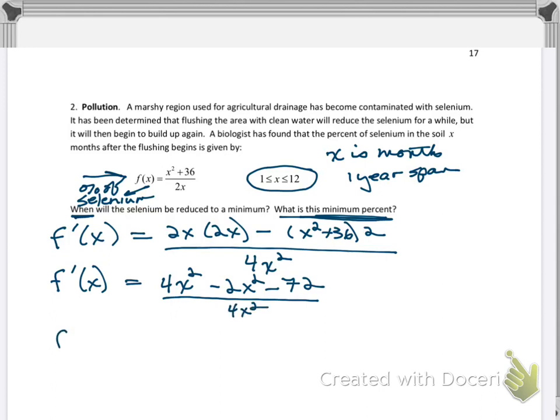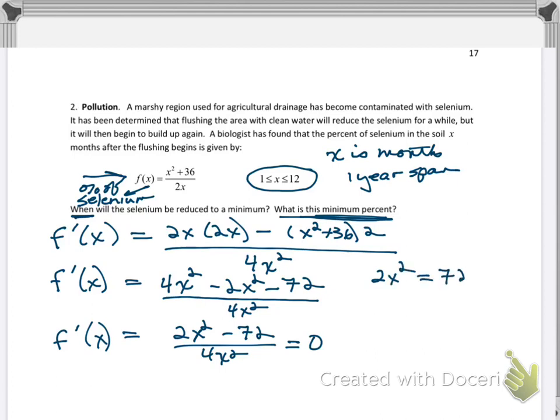And then my next step, one more time, that's going to be 2x squared minus 72 over 4x squared. Set that equal to 0. The only way that's going to go to 0 is if your numerator is 0. So set your numerator equal to 0. You get 2x squared equals 72. x squared therefore equals 36.